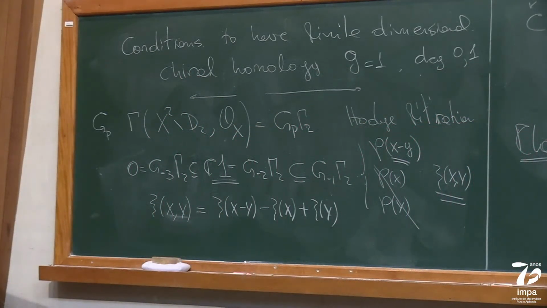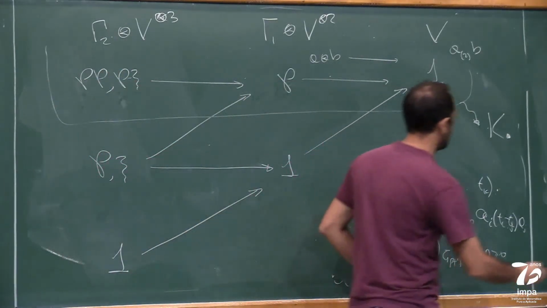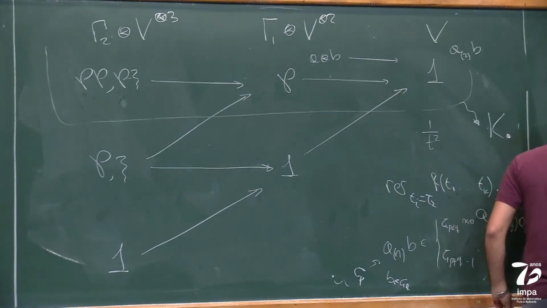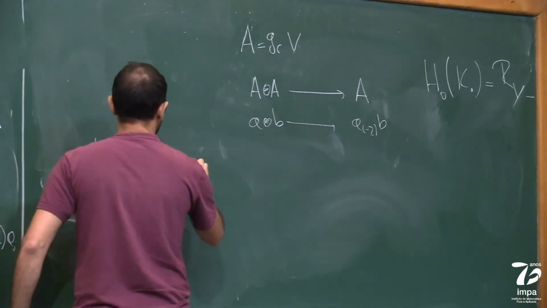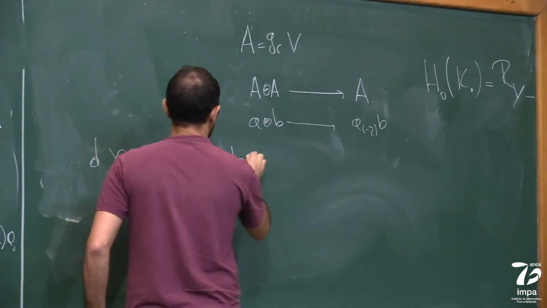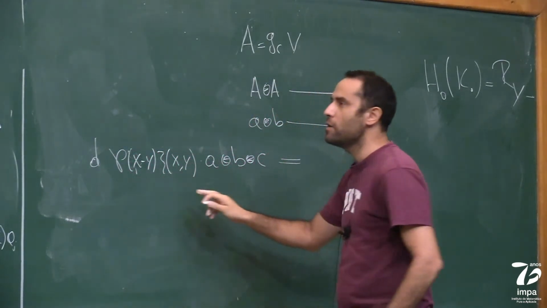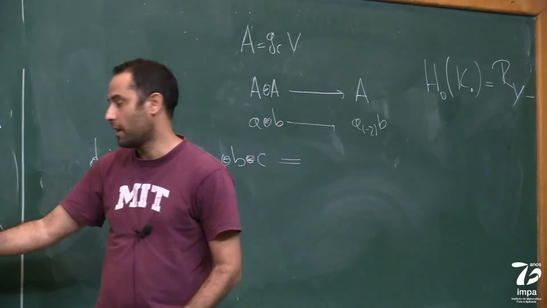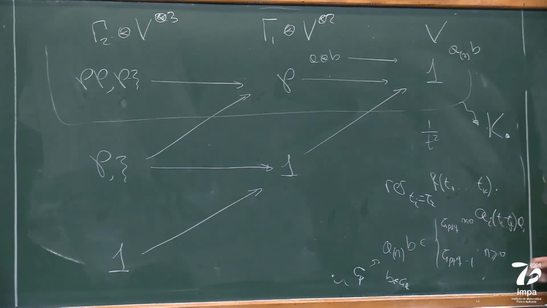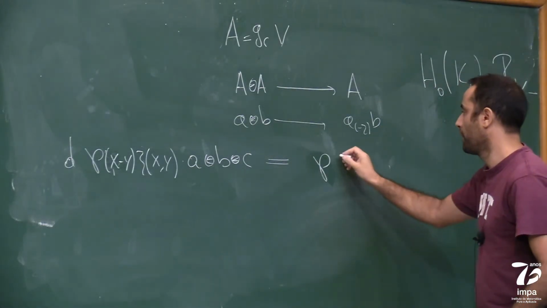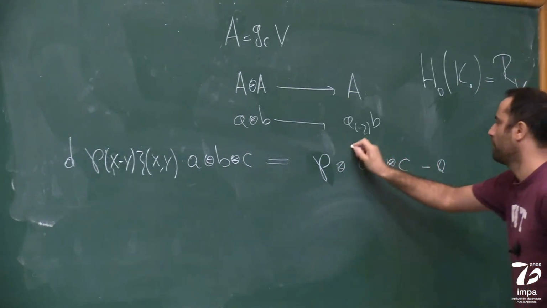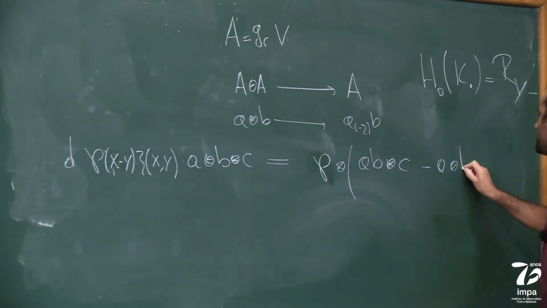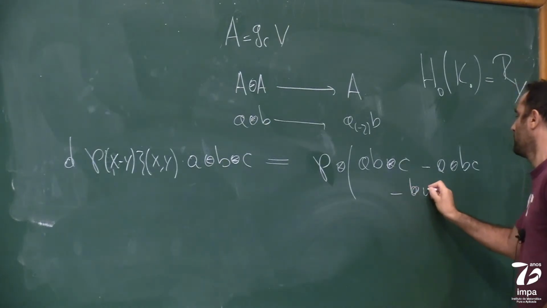So if you compute explicitly the differential of this guy, the differential of P zeta, so again, this is P of x minus y, zeta of xy, A tensor B tensor C, and you only look at the singular part because the regular part gets killed because it goes deeper in the filtration, then what you find is that this is the Weierstrass P function tensor A, B, tensor C minus A tensor BC minus B tensor AC.